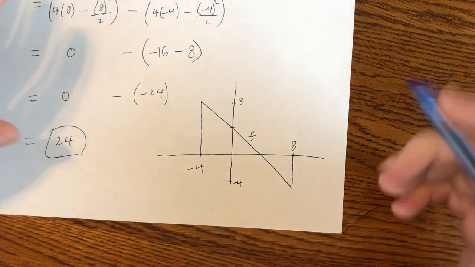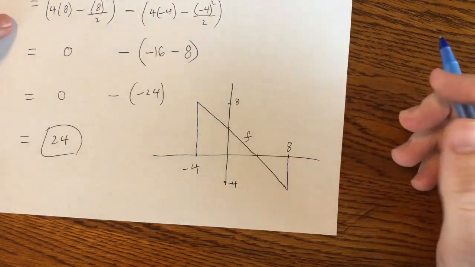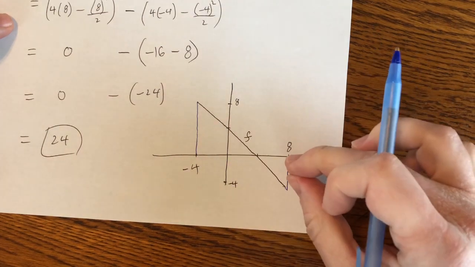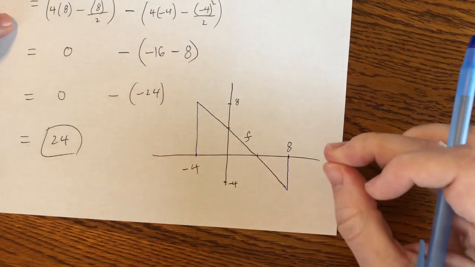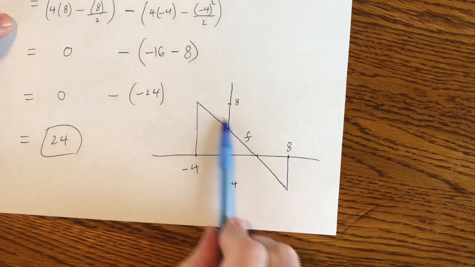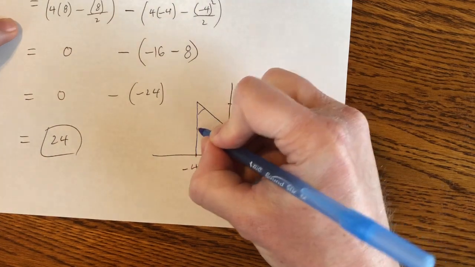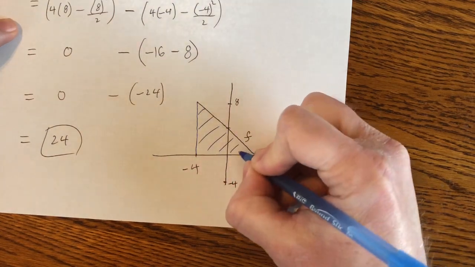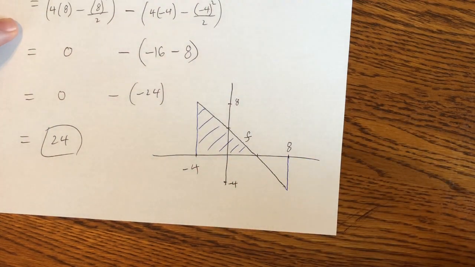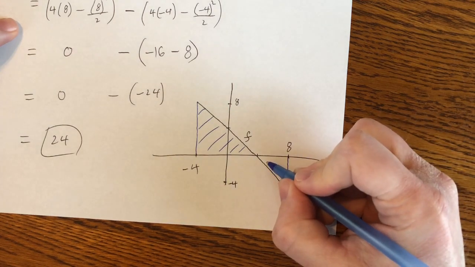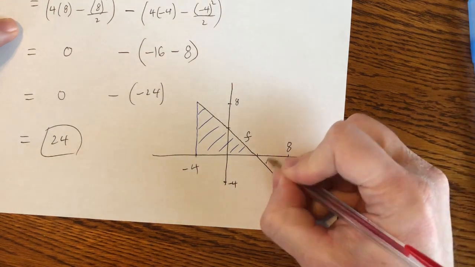So if you actually wanted to determine the area of the entire region that's bounded by this graph over the closed interval from negative 4 to 8, you have to be able to determine the area of this part and then add it to the area of this part.